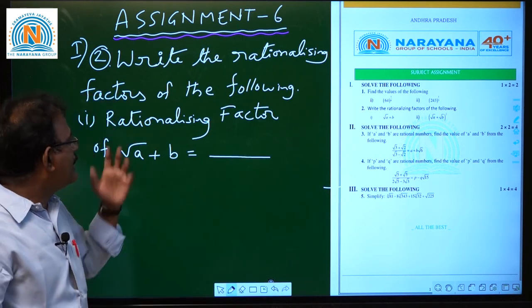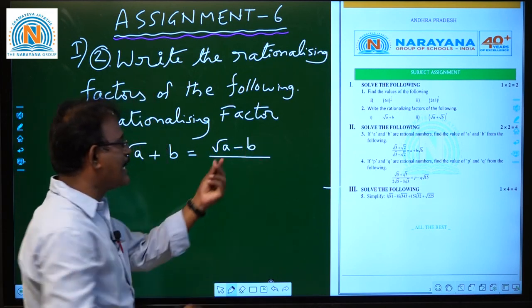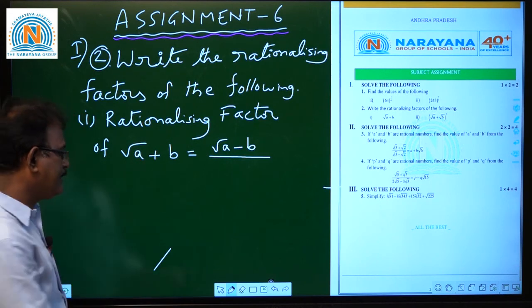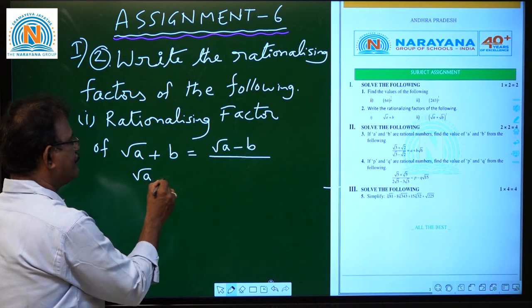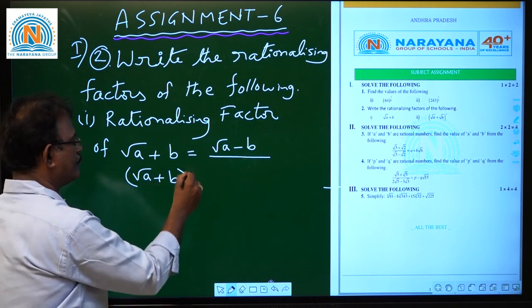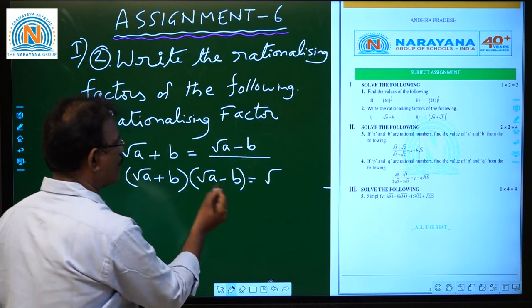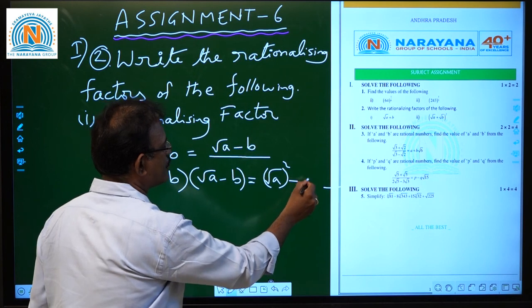If you consider root a minus root b as the rationalizing factor for root a plus root b, then its product is in the form of (a plus b) into (a minus b), so a square minus b square.